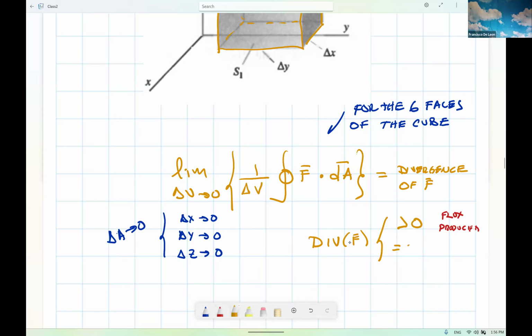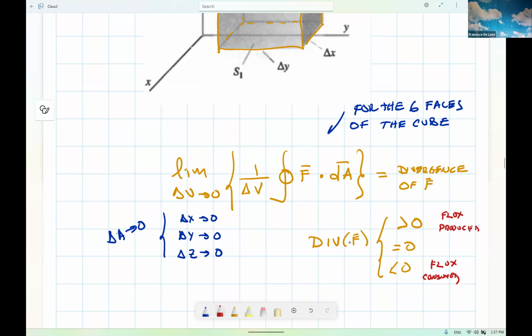If it is equal to zero, it means that flux is not being produced there, but there could be flux. Flux could be there. The only thing is that I am not producing the flux at that point. It can just pass through it. And if the divergence is smaller than zero, it means that the flux is consumed. Something in there is a monster that is eating flux, right?